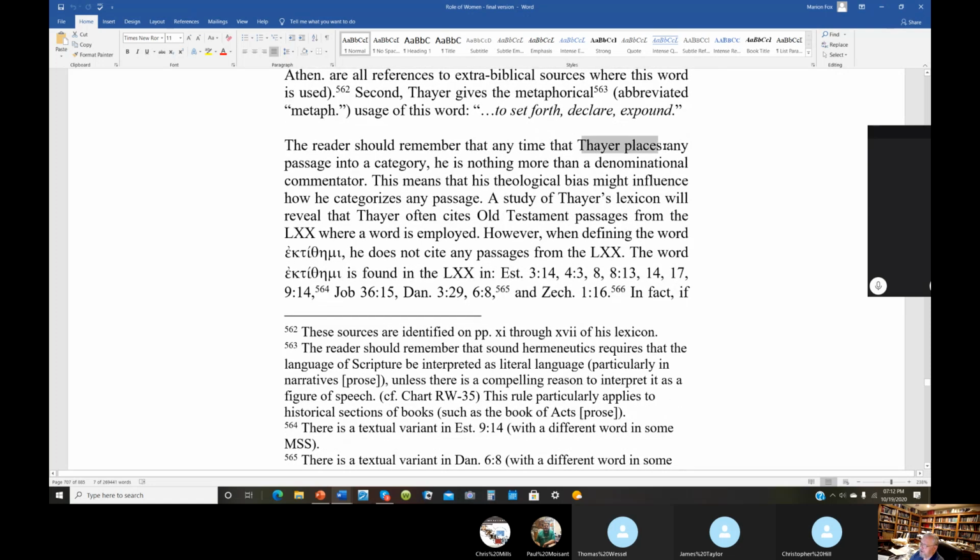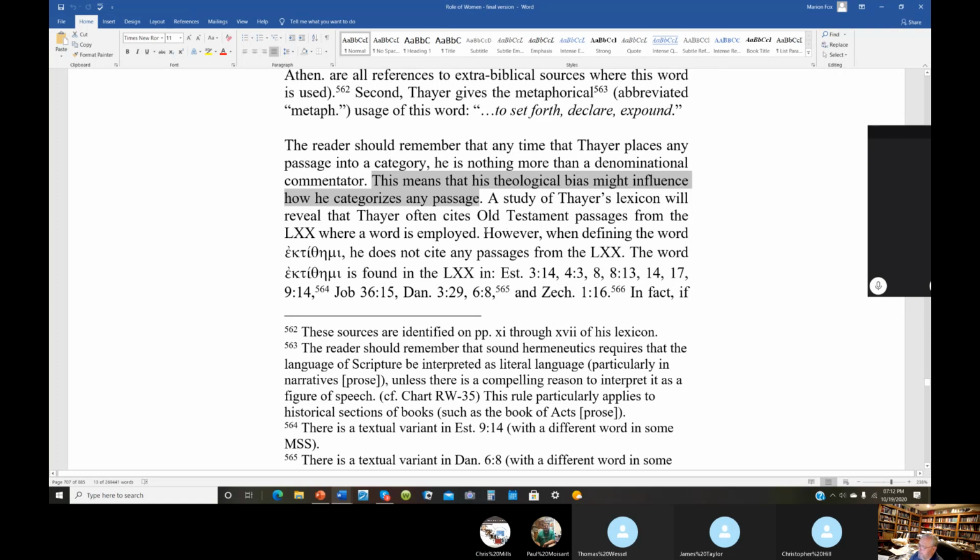Anytime that Thayer places any passage in a category, he's giving his theological opinion. And so you don't take that to be a definition. He categorized them. Okay? And his theology might influence how he categorizes any passage. Be aware of that. You have to be aware of that.